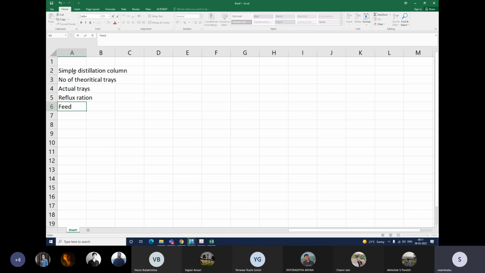At what tray we need to introduce the feed, we can find out.